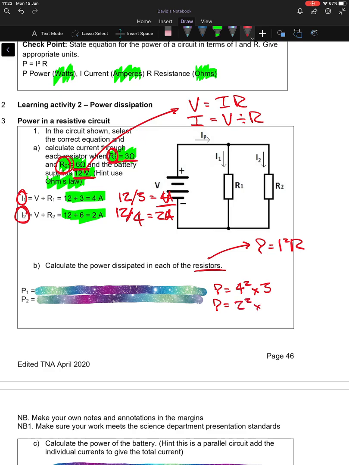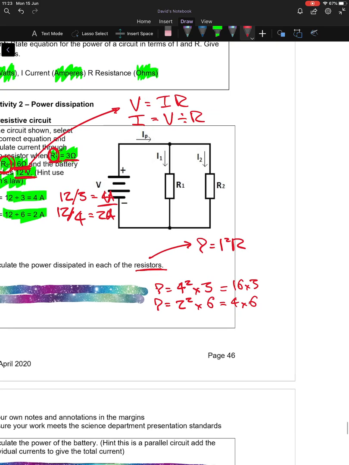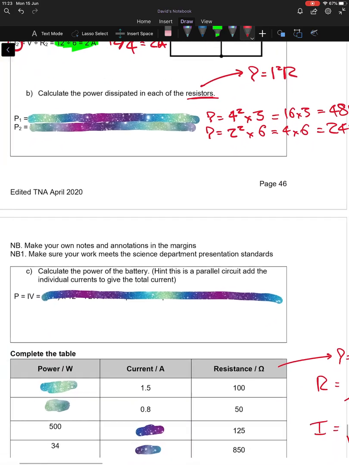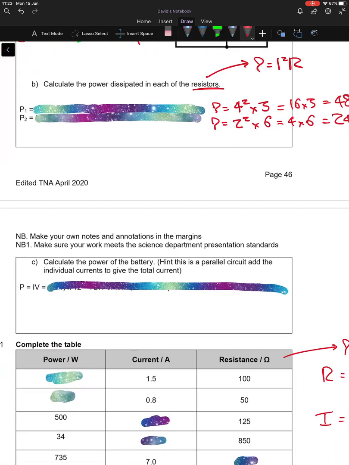As for resistor 2, we should have 2 squared times 6. So 4 squared is 16 times 3, 2 squared is 4 times 6. Should give us 48 watts. Should give us 24 watts.